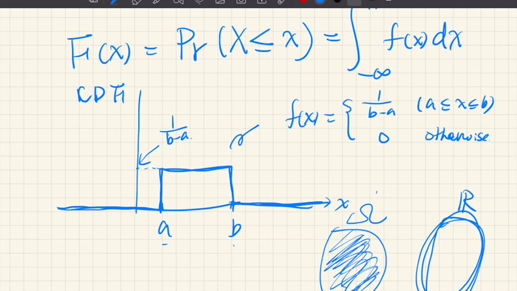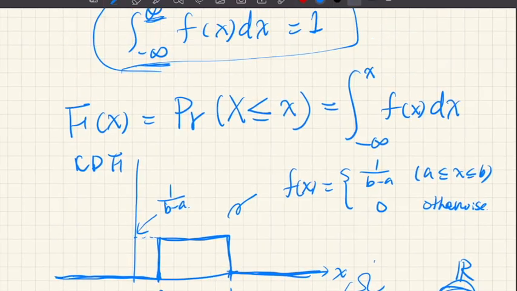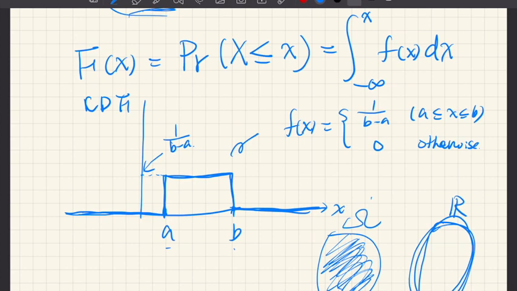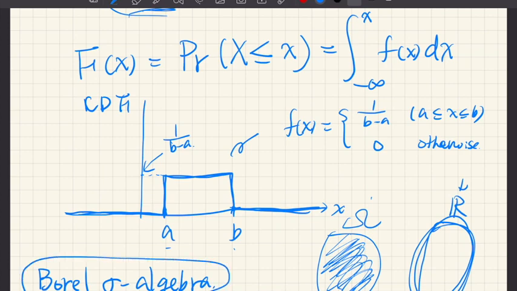Actually, we didn't explain this before, and we are not going to explain it here because it's beyond the scope of this module. But there is some standard type of sigma-algebra used for real numbers, which is called Borel sigma-algebra. This is a collection of subsets of real numbers.